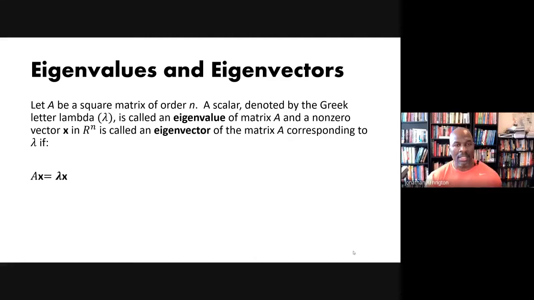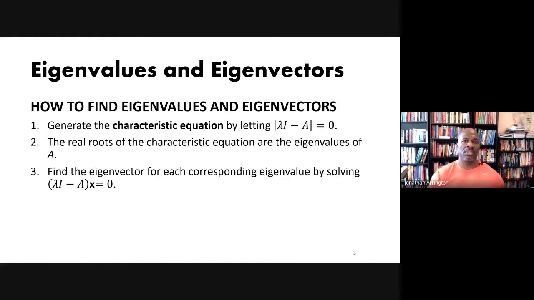All right, so let's look at the steps of how we find eigenvalues and eigenvectors, and then we'll go through some examples. We're going to generate something called the characteristic equation. We generate that characteristic equation by finding the determinant of lambda times I minus A and setting that equal to 0.